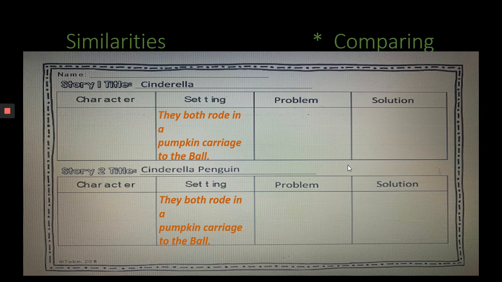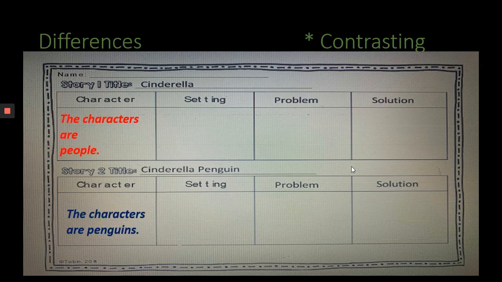And please pick out 2 to 3, and you can highlight them with a highlighter, or you can circle them with a crayon, or you can write it on another piece of paper and say, here are the similarities of Cinderella and Cinderella Penguin.